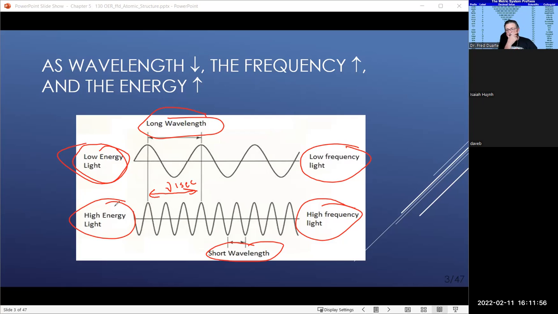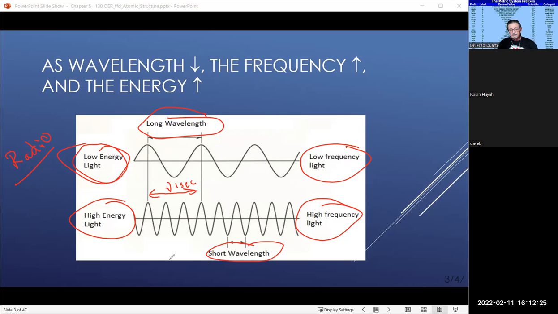A good example would be radio waves, which have very big wavelengths, in the meters. They're not very powerful. If you're getting bad reception on the radio, it's probably because the radio waves are being blocked by objects around you.